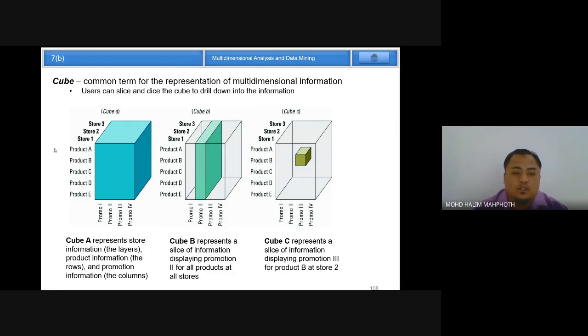Instead of looking for the full list, you can key in what we call a query, or request specific data, as long as it is under these dimensions. This one shows that this single piece of information is about product B at store 2, and what type of information you actually use.